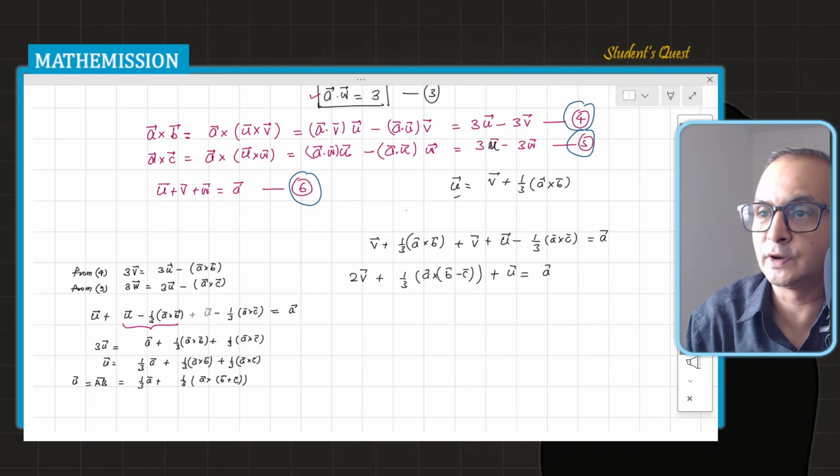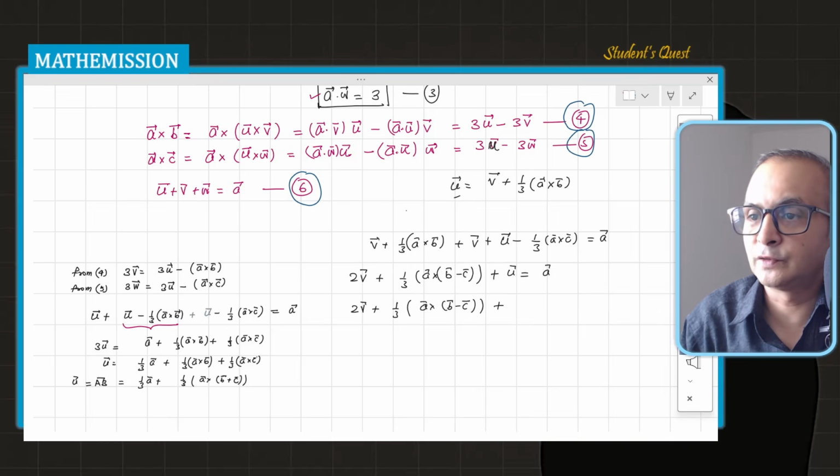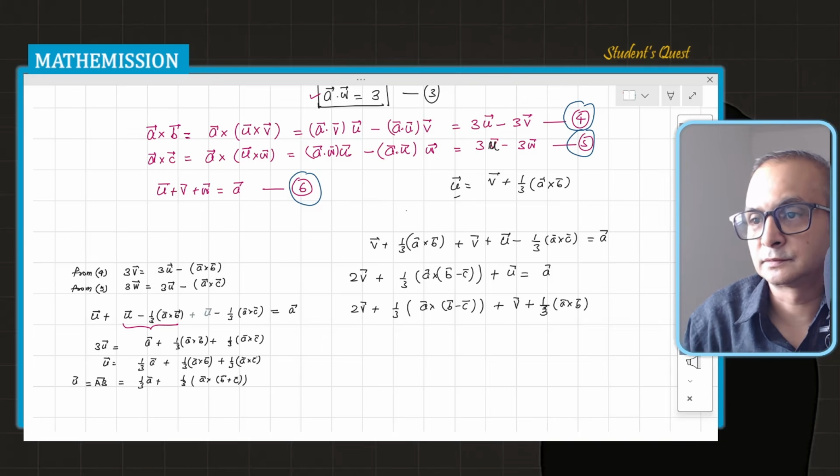Again you can write the u vector from here. So you have 2v vector plus 1/3 of a cross b minus c plus u vector, which is again v vector plus 1/3 of a cross b, is equal to a vector. Now this will become 3v vector, and again you can combine this thing.